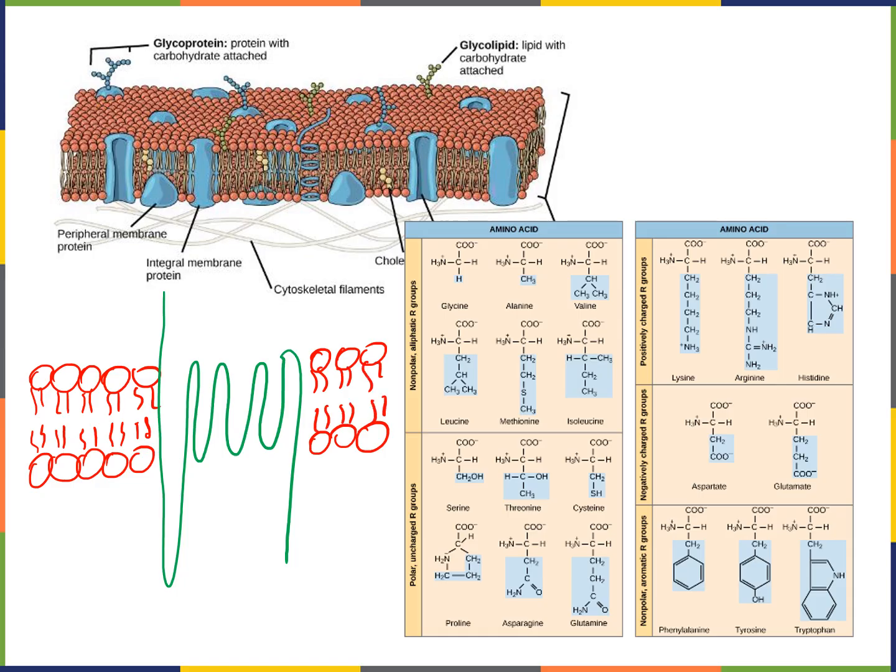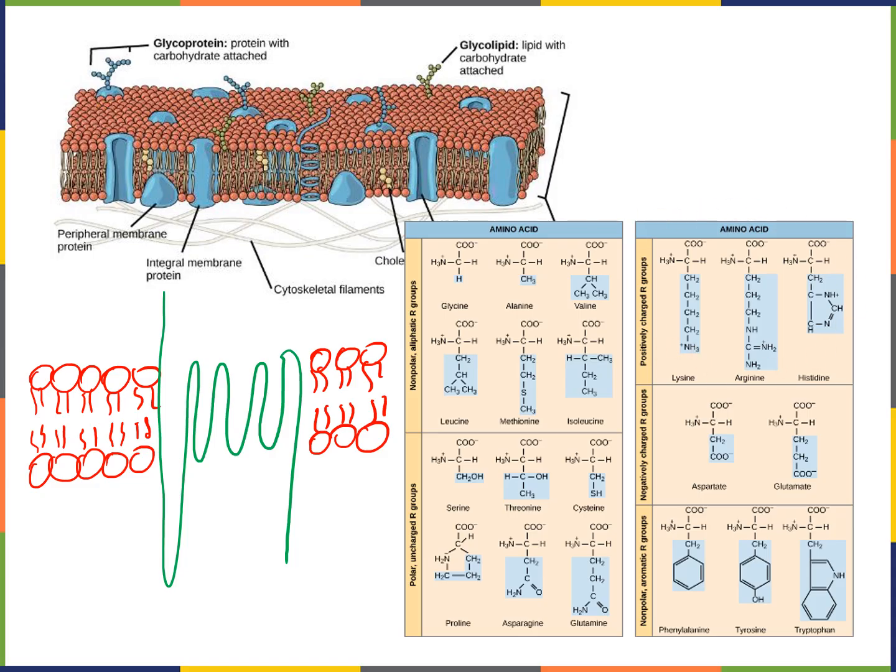Okay, now, if I were to guess which amino acids are found in the inside part of the membrane protein and the outside of the protein, remember, we're made of 20 amino acids. Some of them are hydrophobic, like these ones over here, and some of them are hydrophilic, like these ones over here.